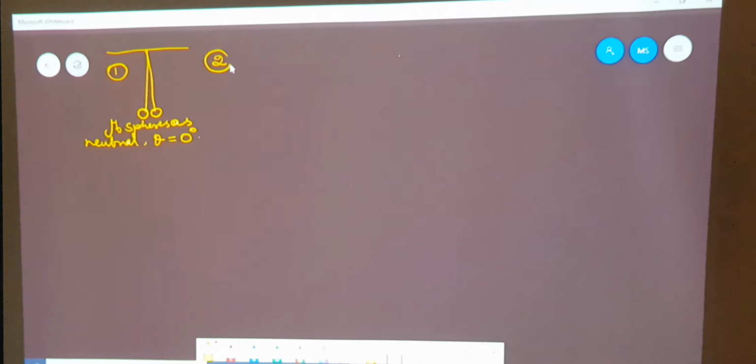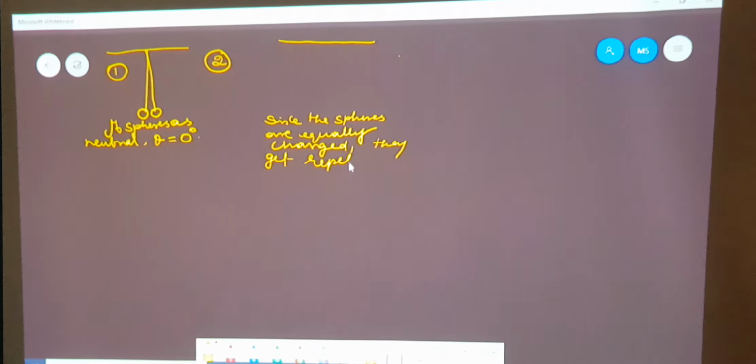Let us go for the second diagram. Since the spheres are equally charged, they get repelled, so that the angle made with the vertical is theta, which is 7 degree.